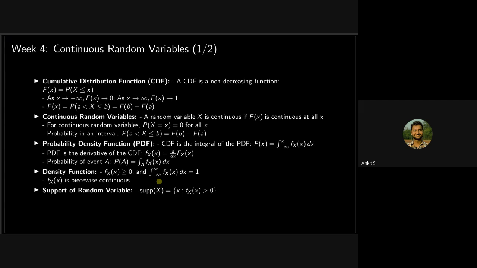The same properties that we studied for discrete random variables, we discuss for continuous random variables. When we discuss later weeks, we will tell more about them. So in continuous random variables, we first start with the concept of a CDF, discussing it formally.